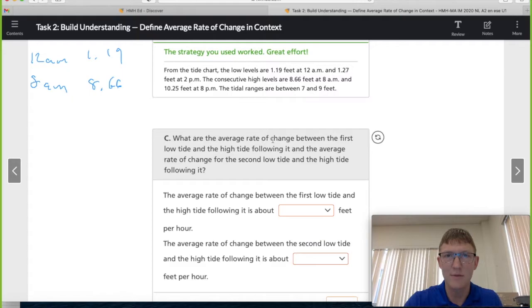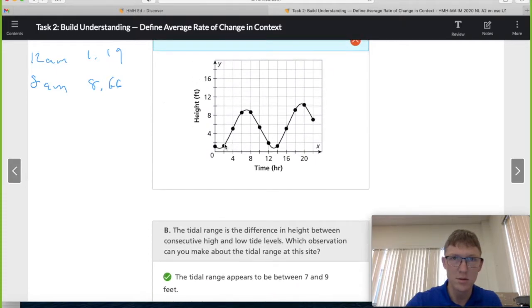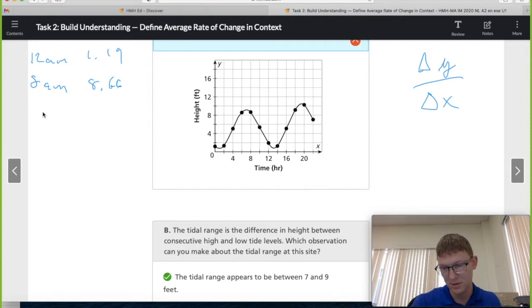And what is this? The average rate of change between the first low tide and the following high tide. So the average rate of change is going to be change of our y over our change in time, so change in x. I'm using context to say that it's going to be something more like that rather than what I said earlier.